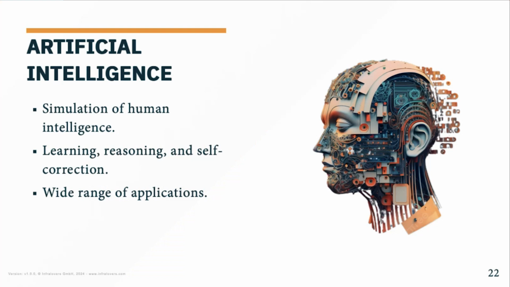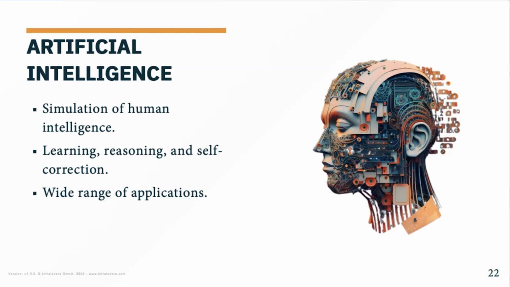What does AI mean? Well, AI, which is of course short for artificial intelligence, is about simulating or sort of mimicking human intelligence processes, which is typically done by machines or modern computer systems as we know them today.